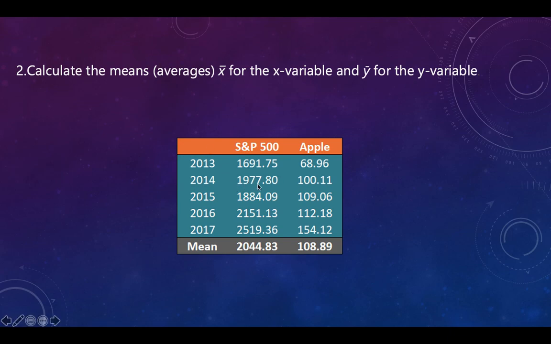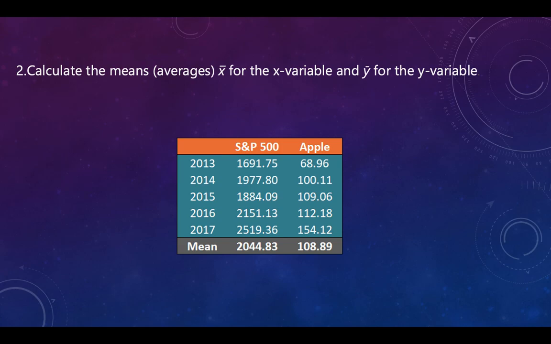1691.75, 1977.80, 1884.09, 2151.13, 2519.36. These 5 data points we have to add, then divide by 5 for the 5 years. So at last we got the mean as 2044.83.